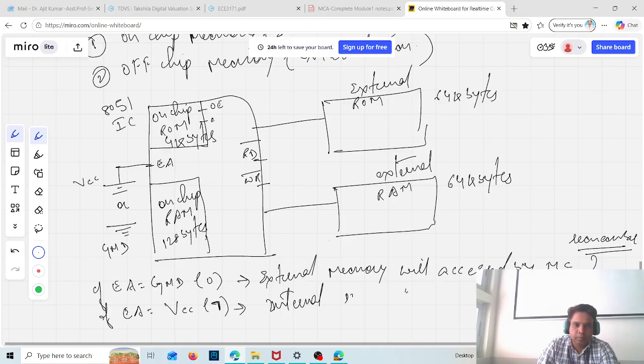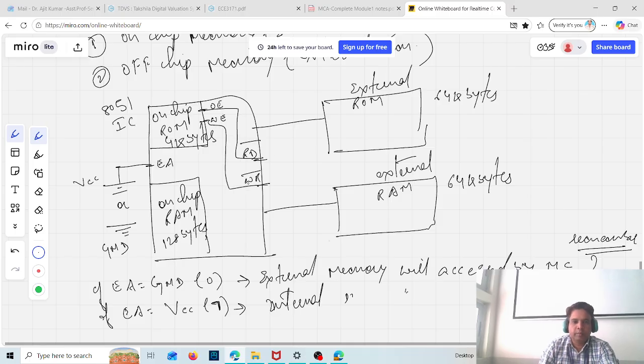This output enable is connected with the RD pin. This WE is connected with the WR pin.